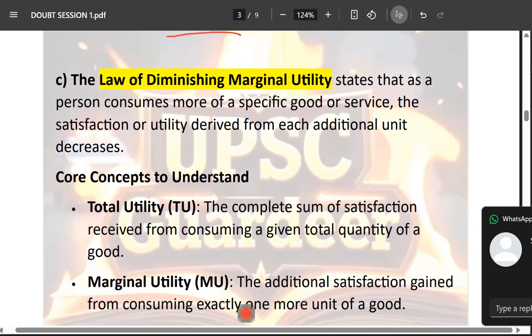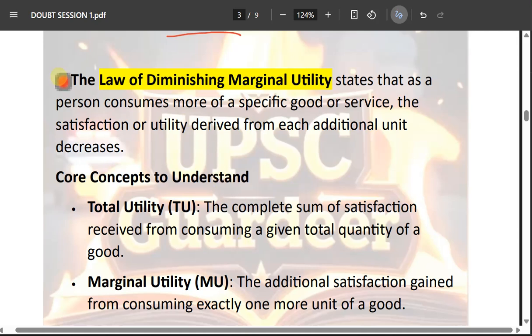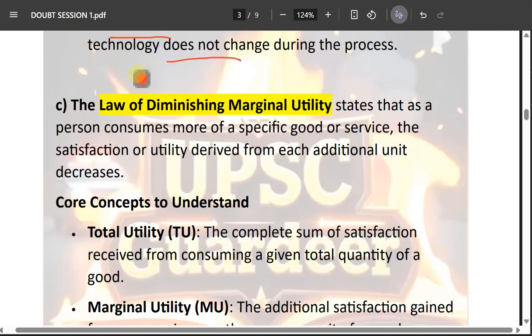Next comes the law of diminishing marginal utility. The law of diminishing marginal utility states that as a person consumes more, note this one, as a person consumes more of a specific good or service, the satisfaction or utility, meaning how satisfied you are with that good or service, from each additional unit decreases.